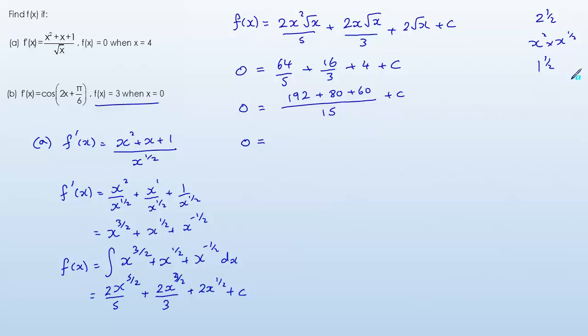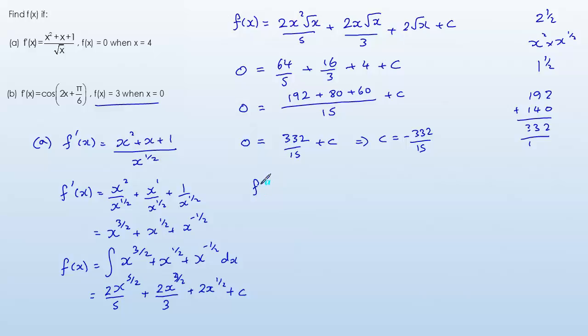So 192, add 140. So 9 and 4 is 13. So that's going to be 332. And that means the constant must be equal to negative 332 over 15.